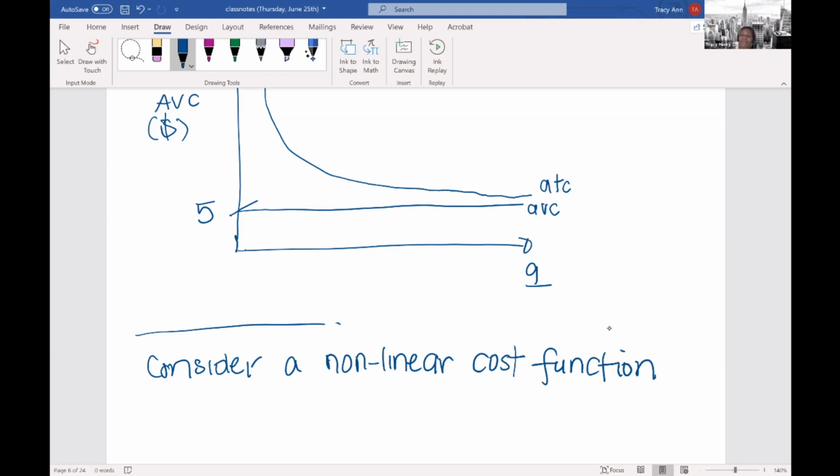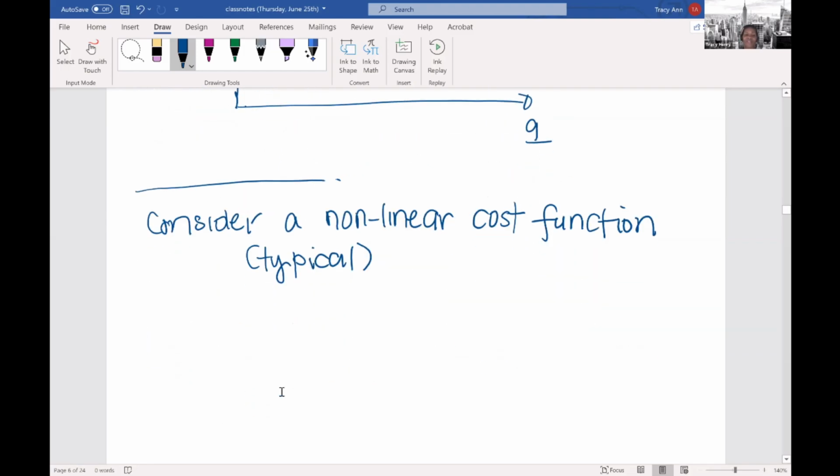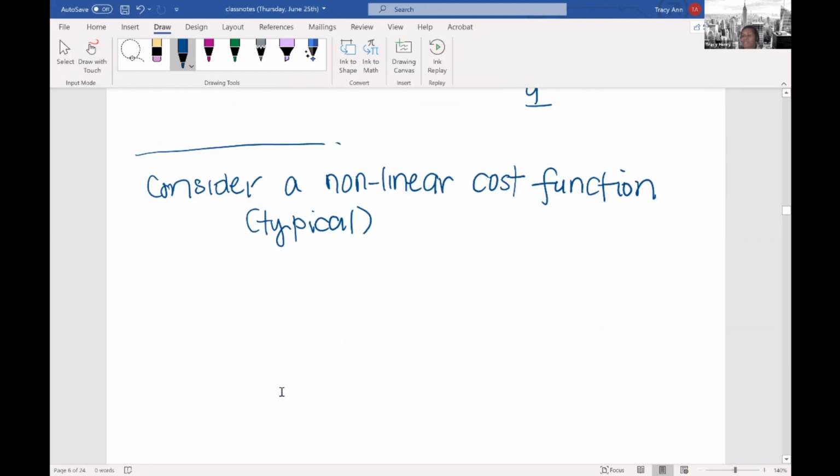When I plug that into my cost function, my cost function becomes nonlinear. So this is not a far-fetched situation. I say typical because at the onset we said we were not going to consider production functions that use labor and capital in a perfectly substitutable way, and we're only going to focus on production functions that use a labor-capital combination.